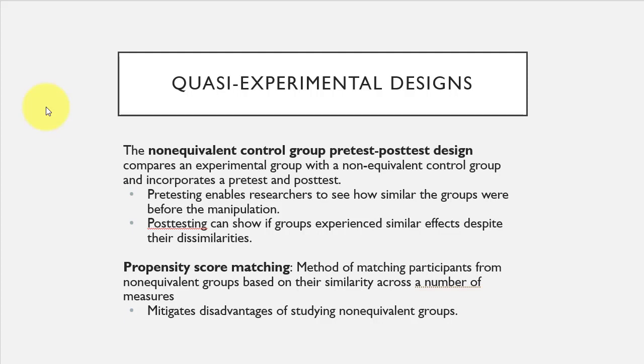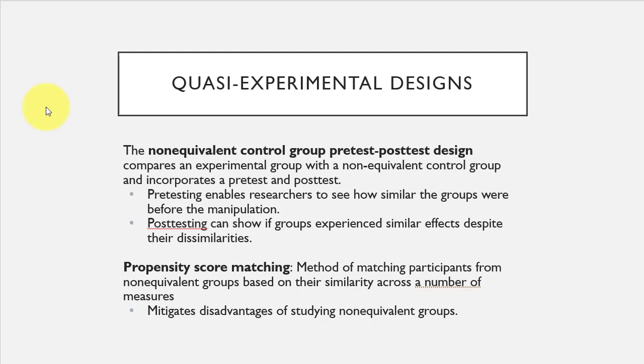Let's say that we wanted to see if there is a difference between first graders and seventh graders in terms of how they respond to a behavioral intervention. Well, we can't very well randomly assign people to first and seventh grade. They are already in first and seventh grade. So those two groups will be non-equivalent. There is some characteristic that naturally separates them.